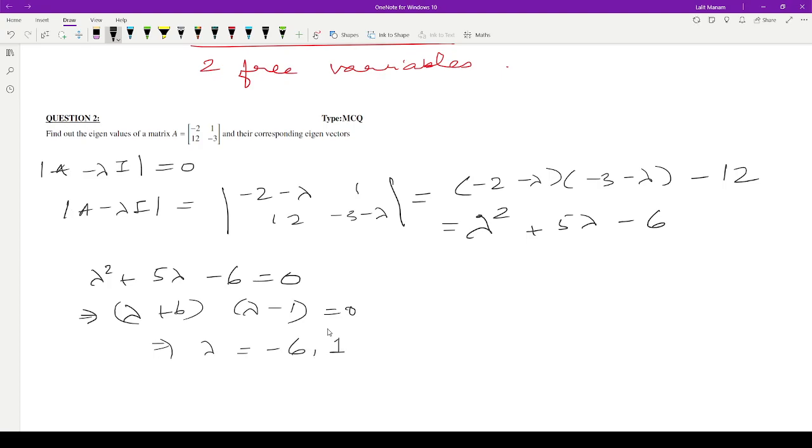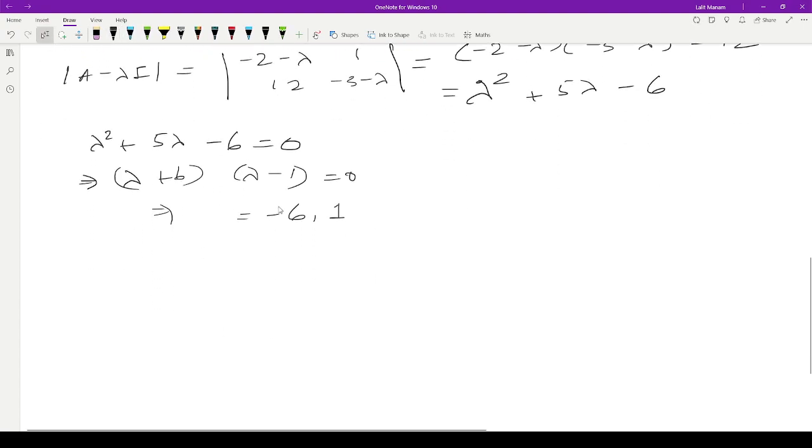So we got the two eigenvalues for the given matrix.